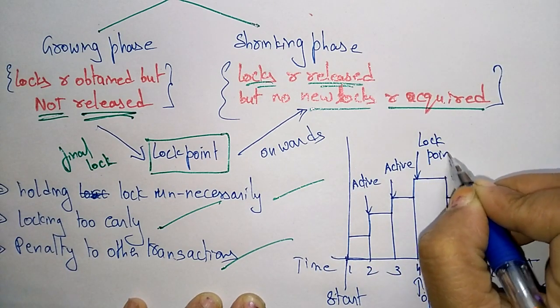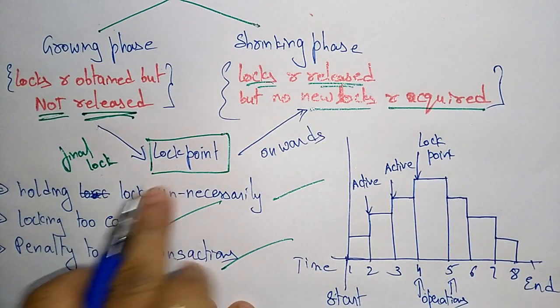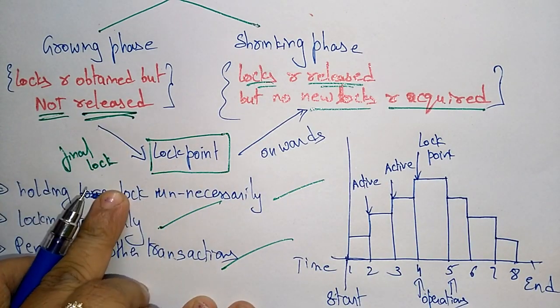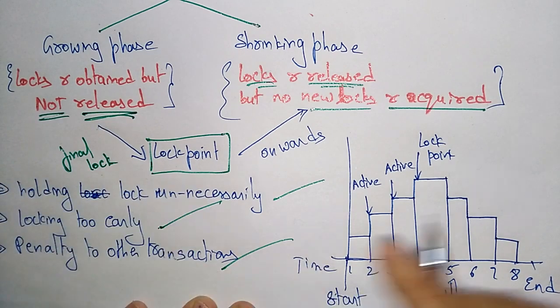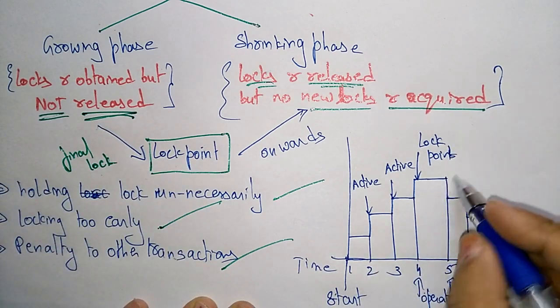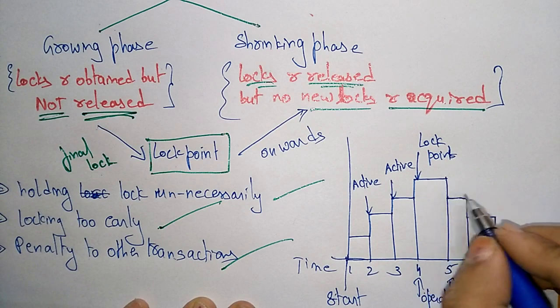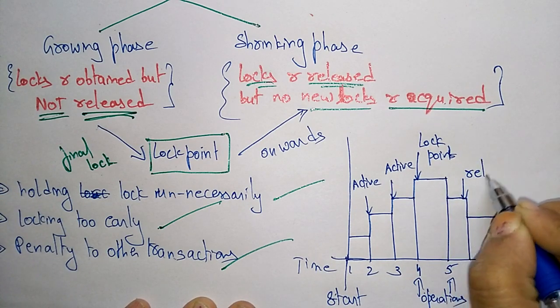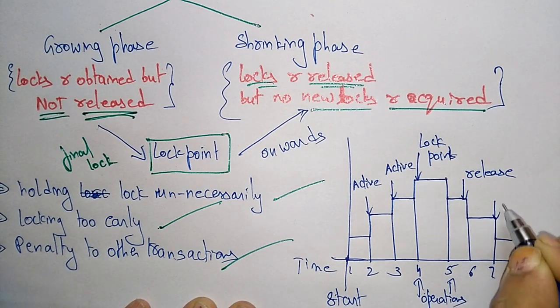I said whenever the growing phase sees the lock point, it stops creating new locks, the final lock. After the lock point, the shrinking phase is releasing the locks. Release locks, release locks.